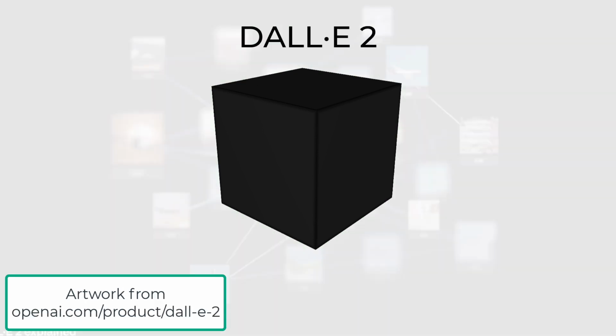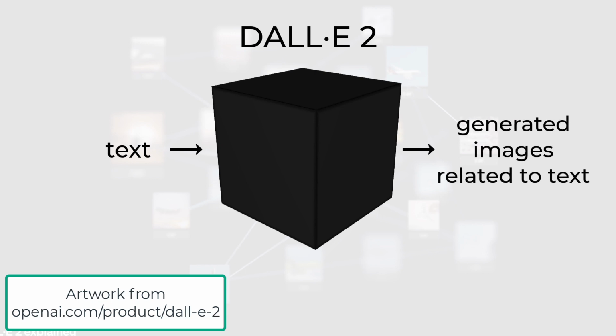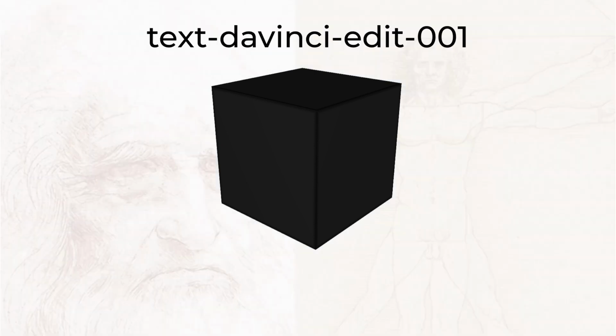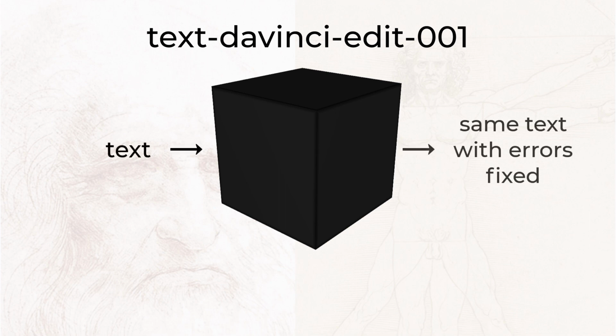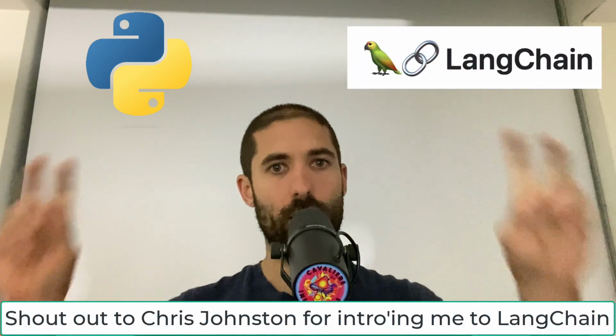DALL-E 2, a model that receives text and will return generated images related to the text. And Text DaVinci Edit 001, a model that receives text and returns the same text with typos and grammatical errors fixed.